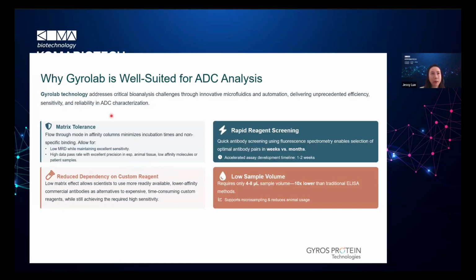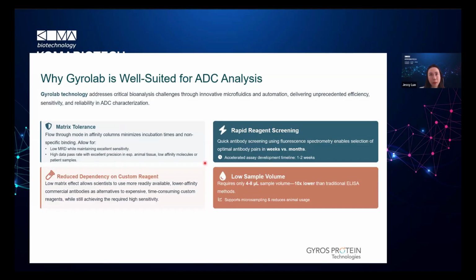Briefly, Gyrolab is quite matrix tolerant, so we can solve a lot of matrix effect issues. That benefits complex samples like animal tissues or homogenates. It also benefits low affinity molecules, or even if you use a low affinity reagent, this will help you solve the problem.